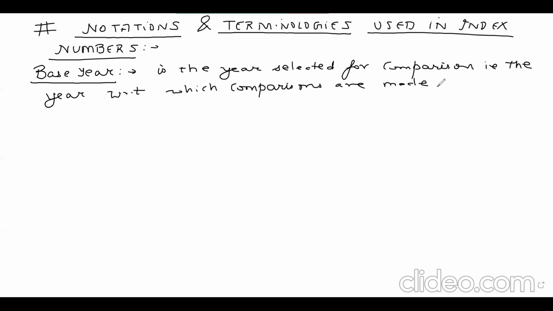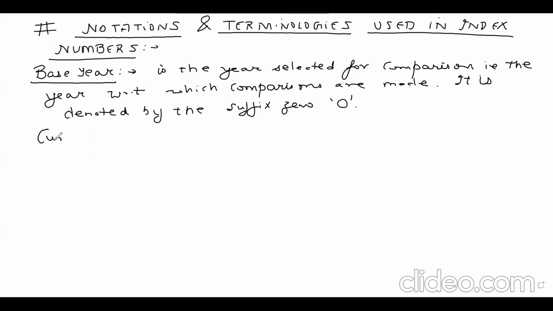So base year is that year with which we are going to make the comparisons. And it is denoted by the suffix 0. So in our lectures from now onwards, 0 is always going to denote the base.